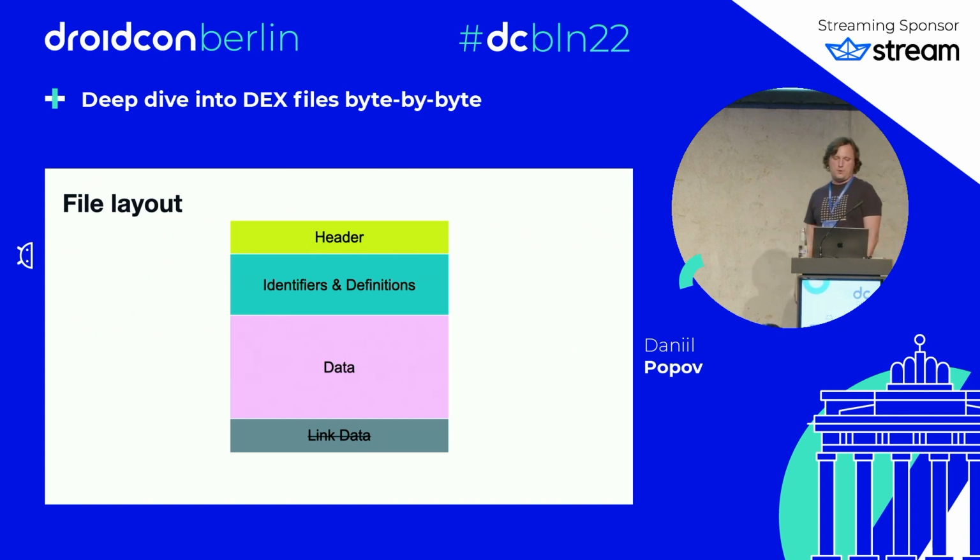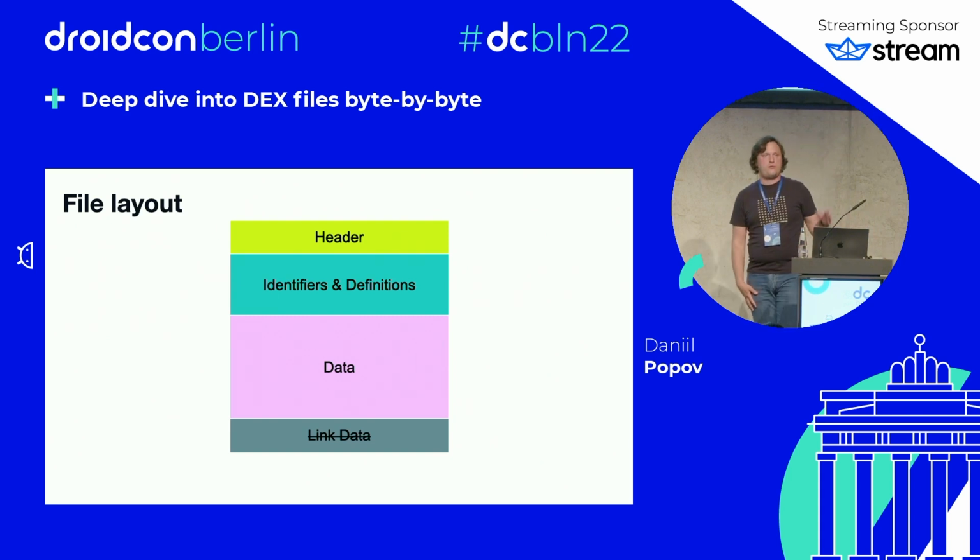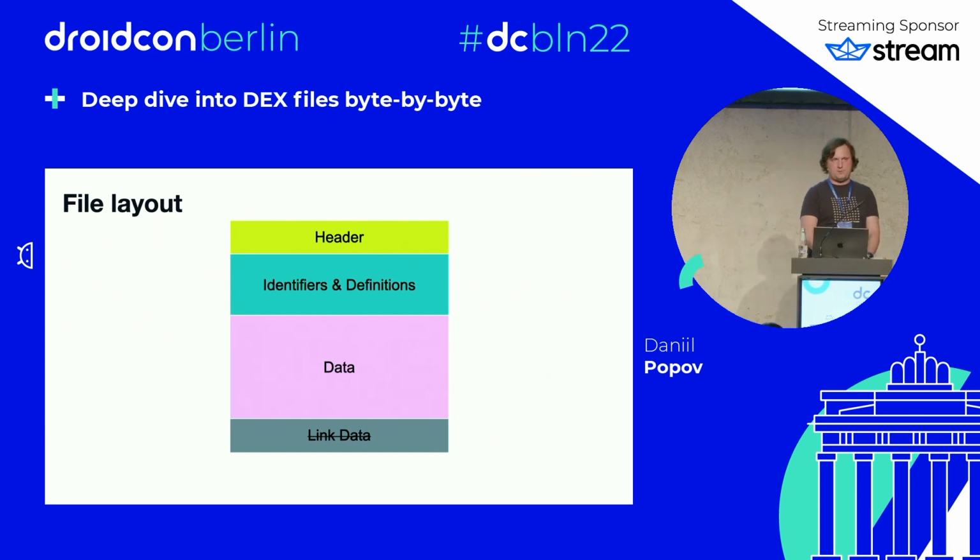And in the end, we have the link data section. But I'm going to omit this in this talk because the format of this section is not specified by the documentation. It's only used for statically linked DEX files, and its format is runtime implementation dependent. So nothing to talk about there.